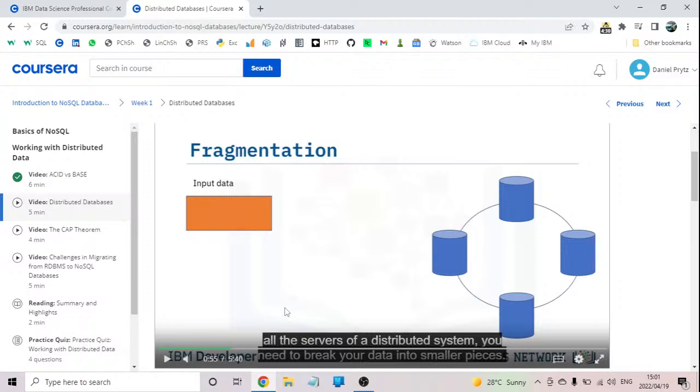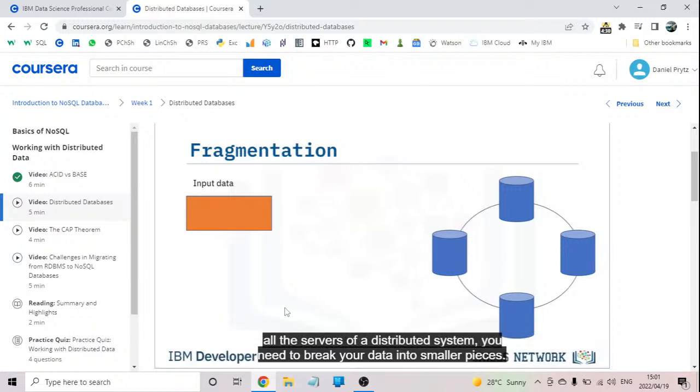Okay, so now we're looking at question 2, fragmentation. Fragmentation is to break it into smaller pieces.